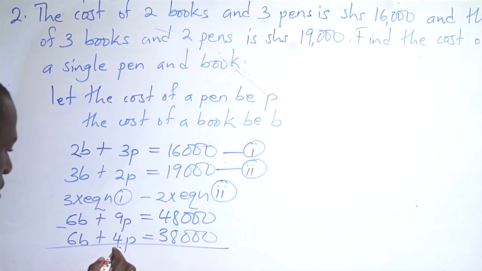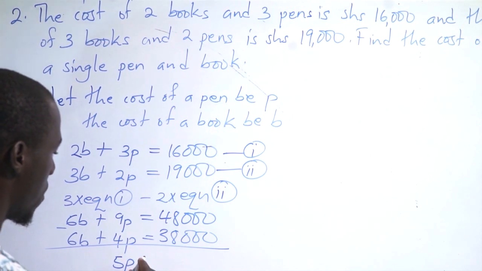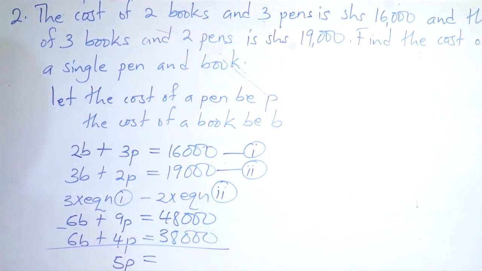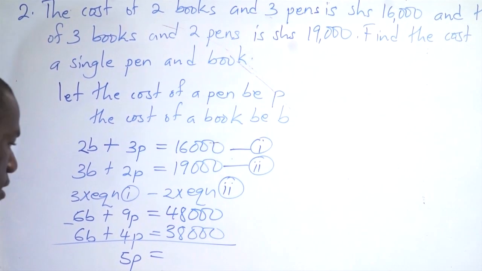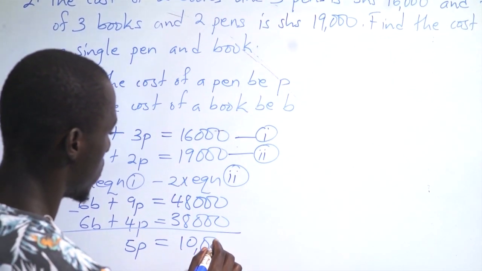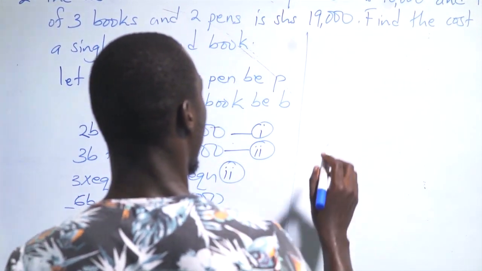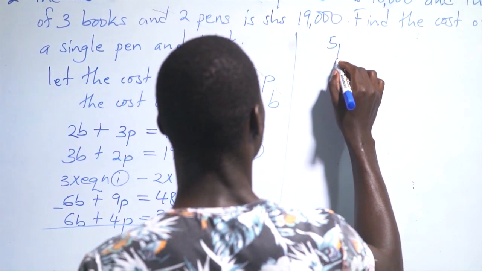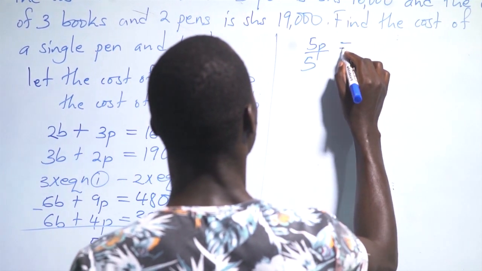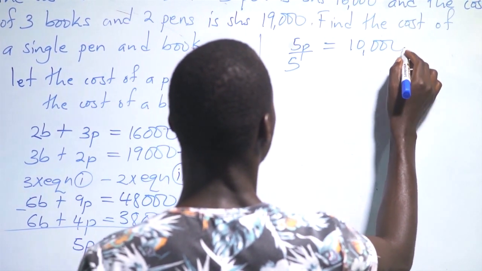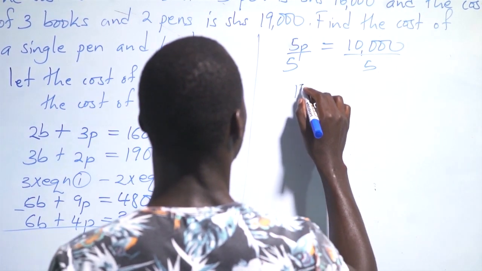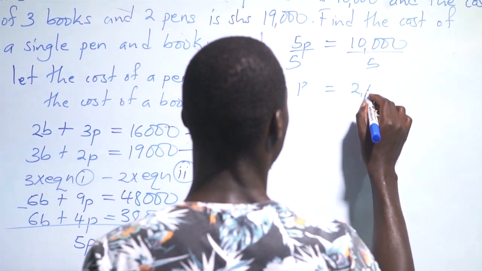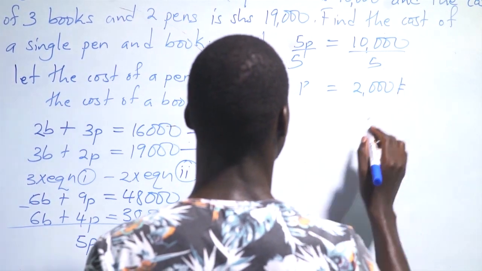So when I subtract, I'll be having 5p is equivalent to 10,000. Then I divide both sides by 5 to get the value of P as 2,000 shillings.